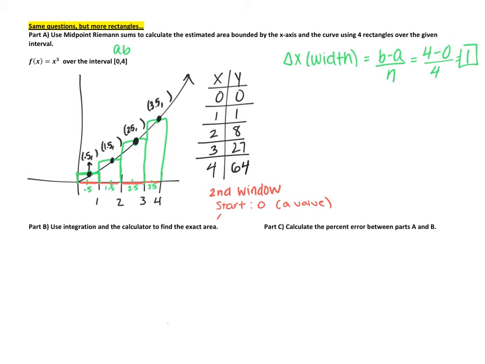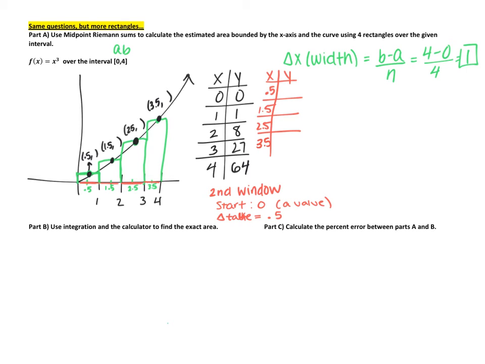And your delta table, your change in table, should be 0.5. You want to go by 0.5s. Then you get a new table of values, but really all we care about is the 0.5, the 1.5, the 2.5, and the 3.5. So take a minute and figure all those numbers out and then hit resume when you're ready.